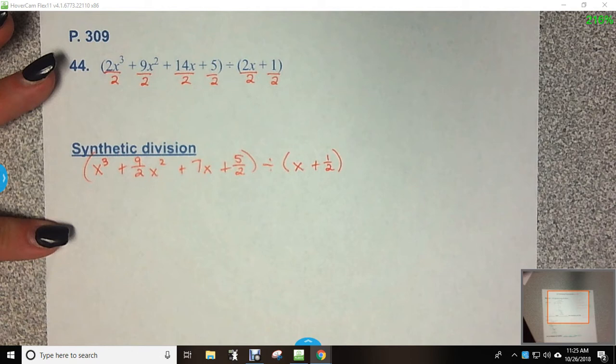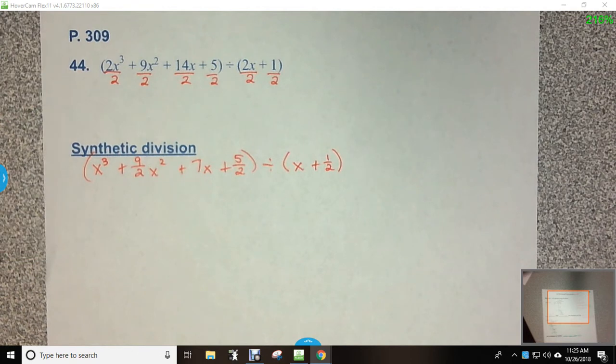So how many of you are checked out already and decided I'm not doing fractions, I'm going to do long division? Okay. And you can do that. It will work. But I want to show you these fractions are not that bad to work with. But I need you to leave them as improper fractions. Don't make them mixed numbers. Don't make them decimals. That makes it harder to do.